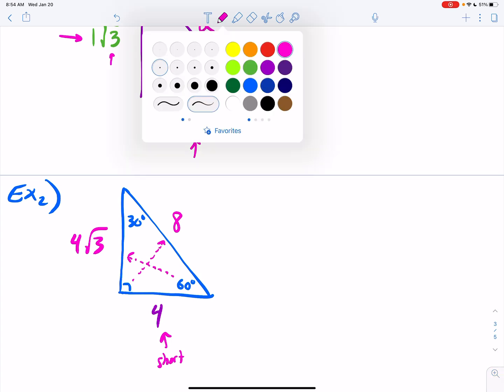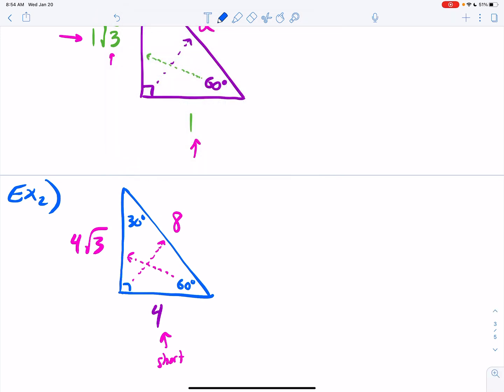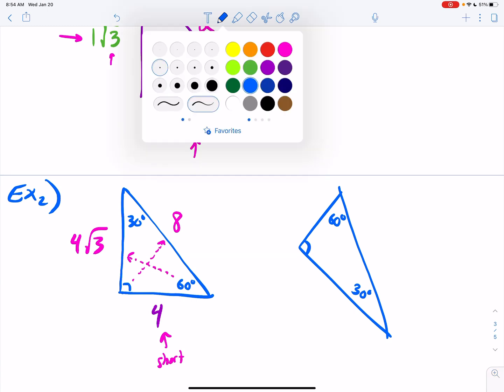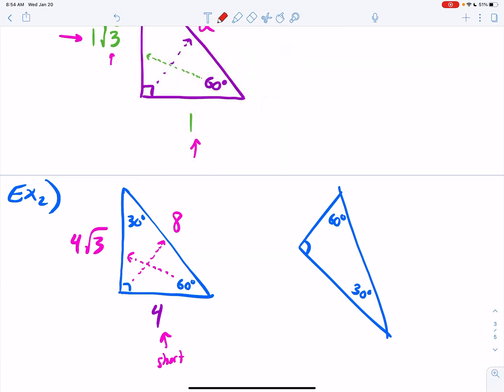Okay, let's do a couple more. All it takes is a little bit of exposure, you guys. Notice how the angles are a little bit different, okay, in terms of its placement. So pay attention to that. Okay, so if I told you that this is 5, what I want you to think about here is what side was given?